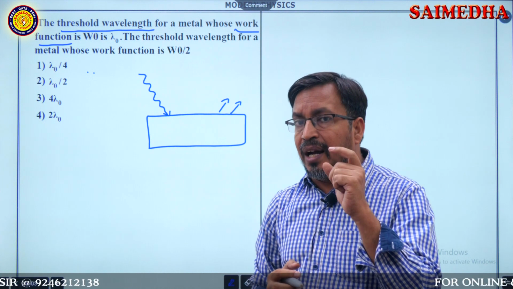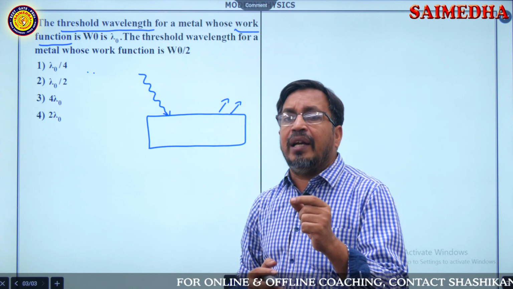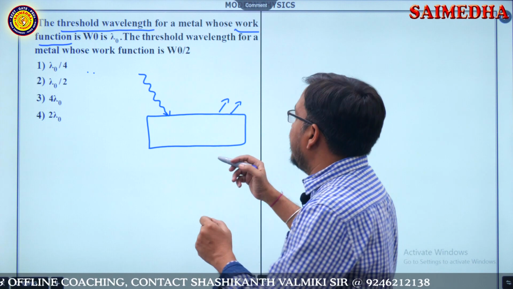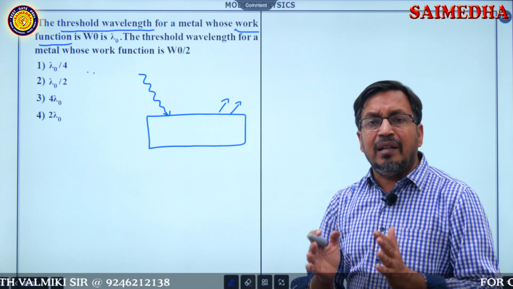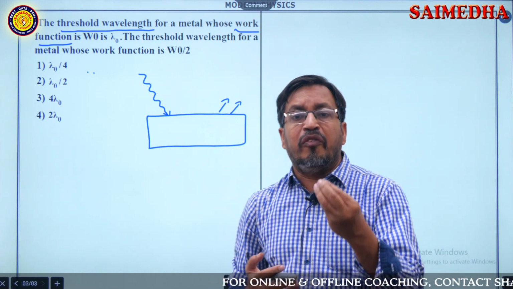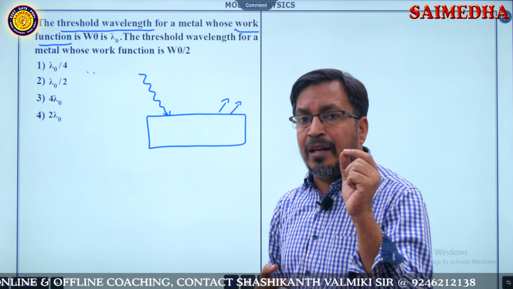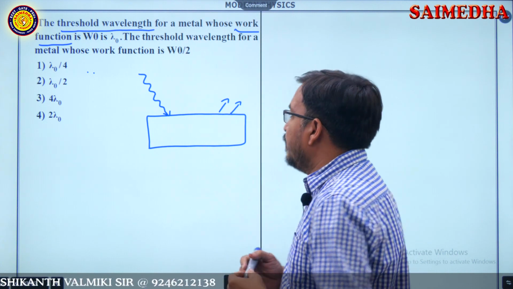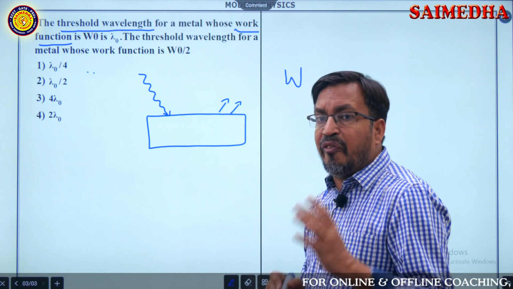Remember students, it is the minimum amount of energy required to emit the electrons, or it is the minimum amount of energy for the photoemission effect to exist. That minimum amount of energy is represented by W. What is W? Work function.